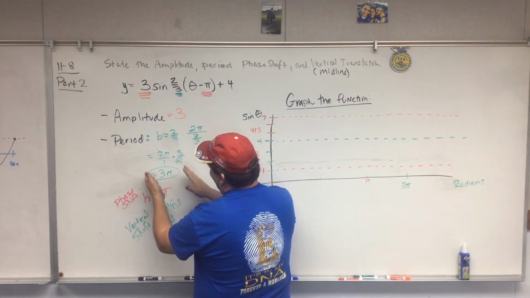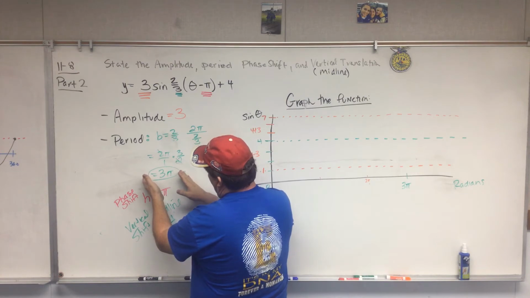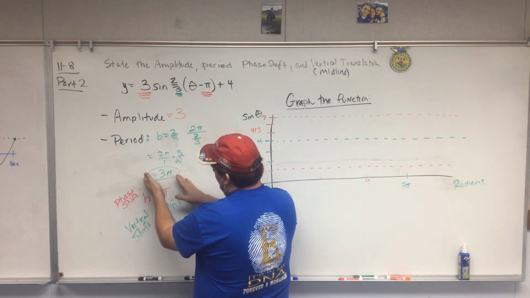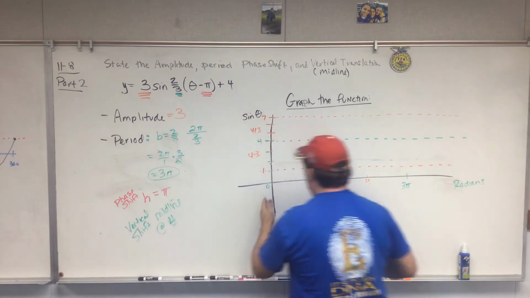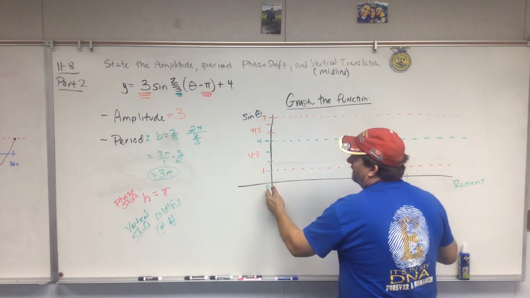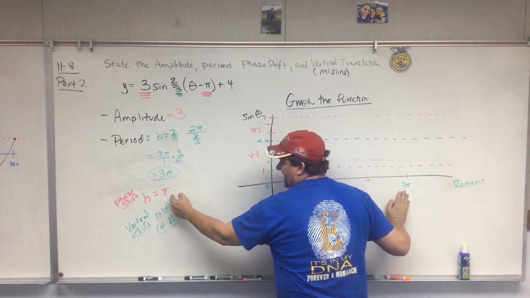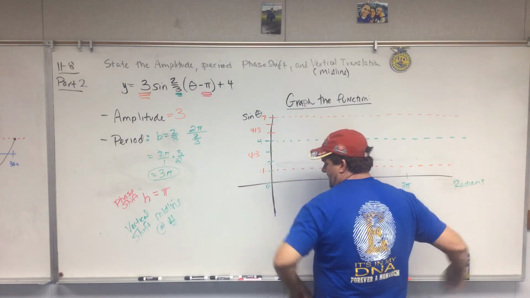So I did an expansion of my period to 3 pi. It's supposed to go from 0 to 3 pi, but I have to do a phase shift that way, pi.